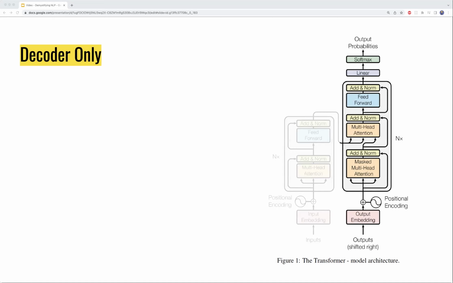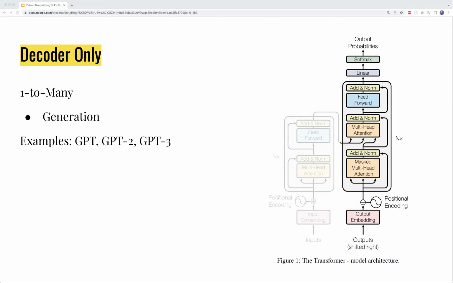Then transformers can also have just the decoder only. And these generally take a prompt as an input, then generate a sequence as an output. So they tend to be really amazing at generating all sorts of these human sounding text. And the most famous example would be the whole family of GPT, including the now GPT-3.